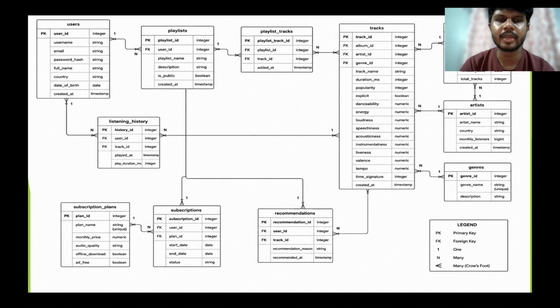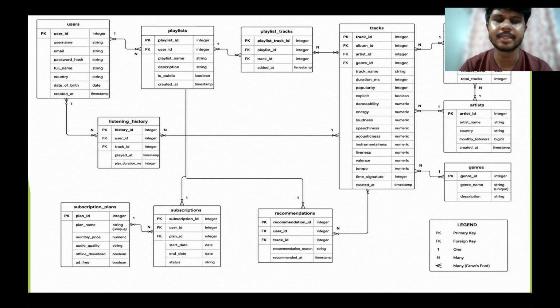So this is about the ER diagram. The first relationship is between users and playlist. This is a one to n, that is one to many relationship, and user ID acts as a primary key in the user table and a foreign key in the playlist table.